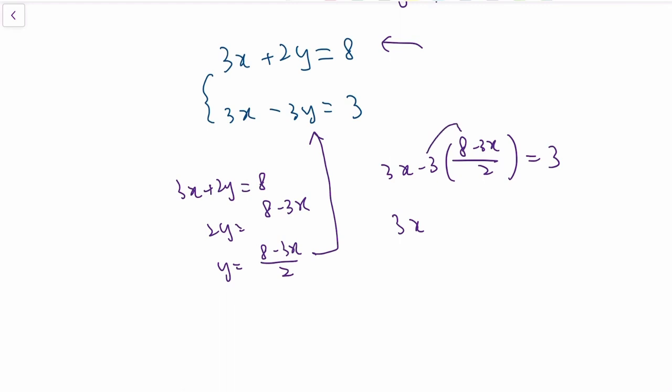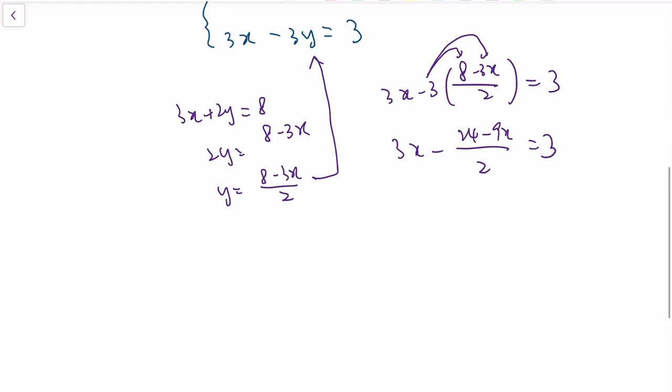You can expand the brackets first, so it's minus 8. 3 times 8 is 24. 3 times 3 is 9. And then you can get rid of this denominator by multiplying the whole equation by 2. So 3x times 2 is 6x. And then you minus this 2 thing. And then negative, negative, positive. And then 3 times 2 is also 6.